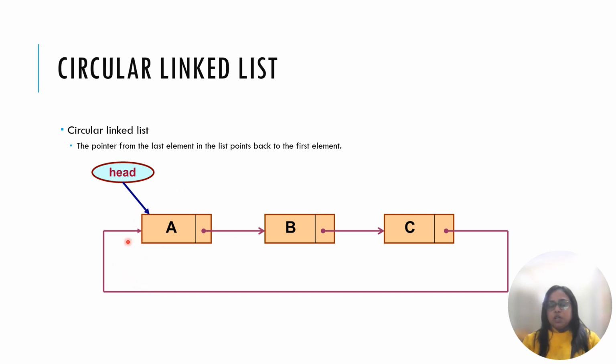If you are creating the first node, there may be a question in your mind, but the link will point to that node only. Again, when you insert another node, the link of that node will point to the first node in this way. So this is a circular linked list.